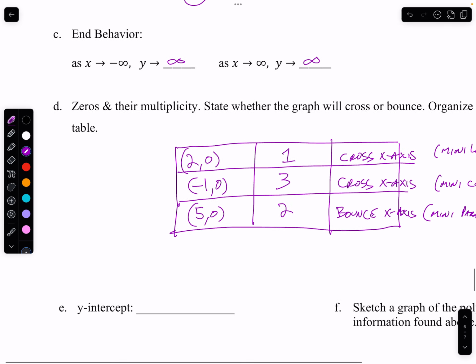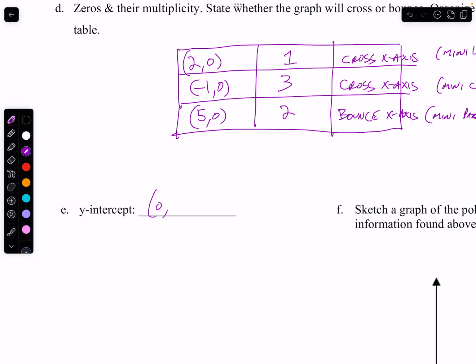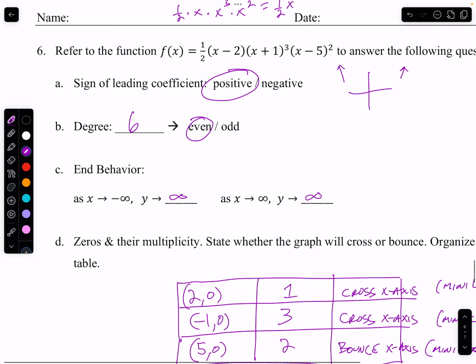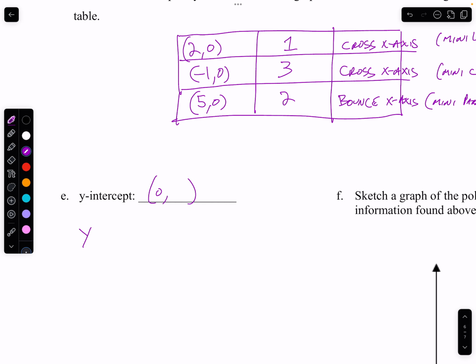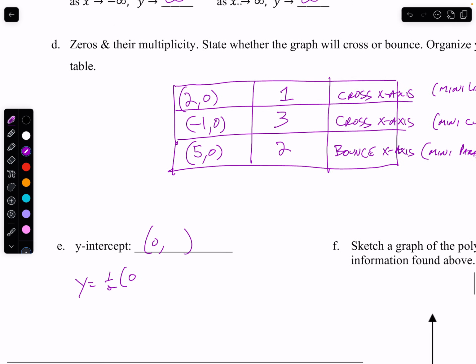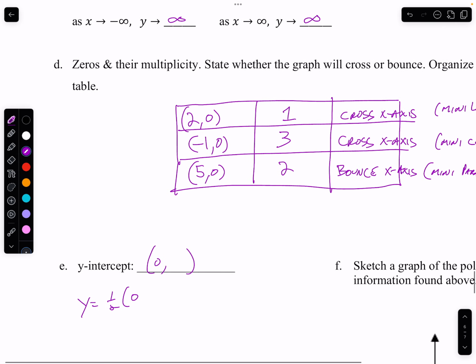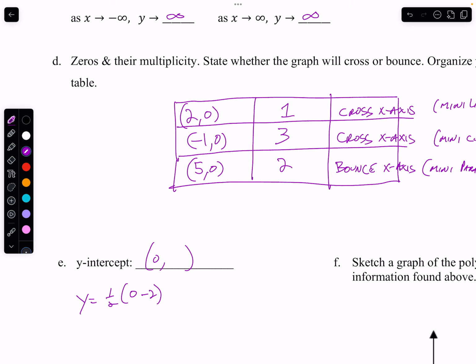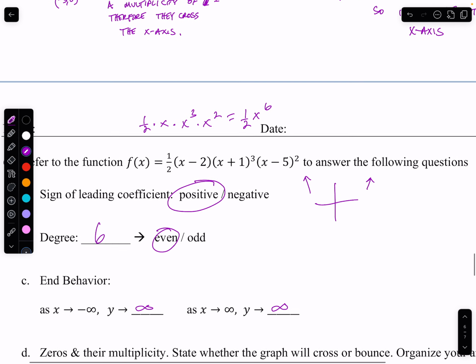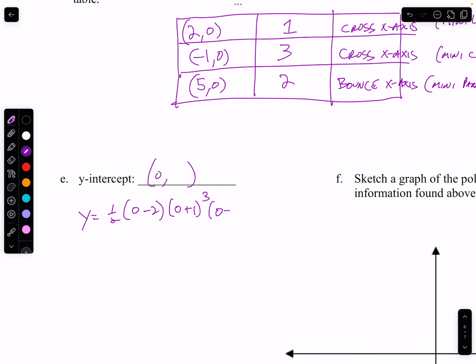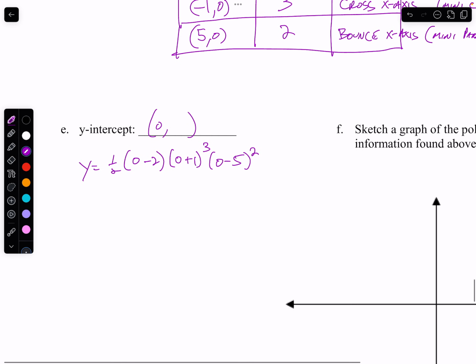All right, so for y-intercept, we're plugging in 0 for x, solving for y. And the function was 1/2 times (0 minus 2) times (0 plus 1) to the third, I think that was, yep. And then (0 minus 5) squared.